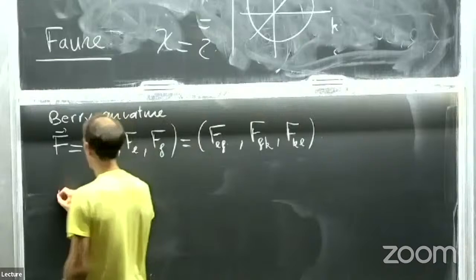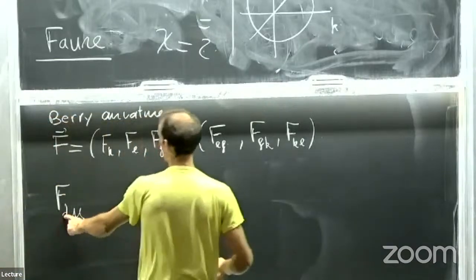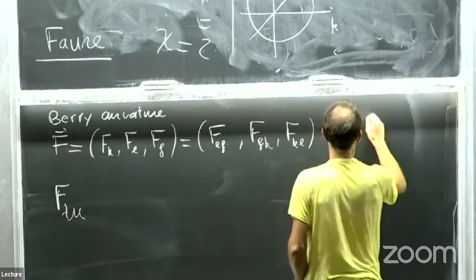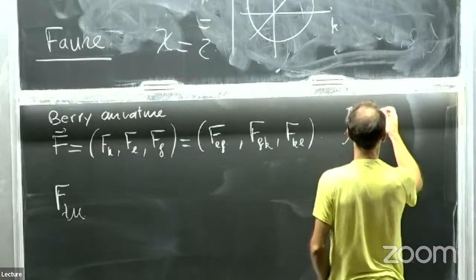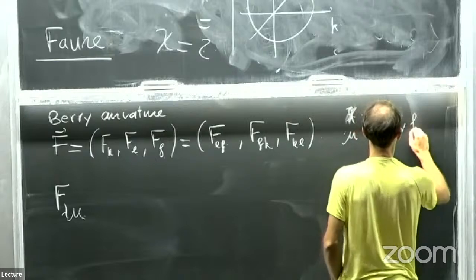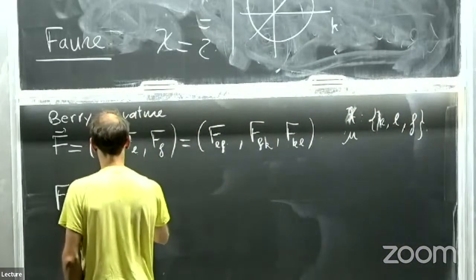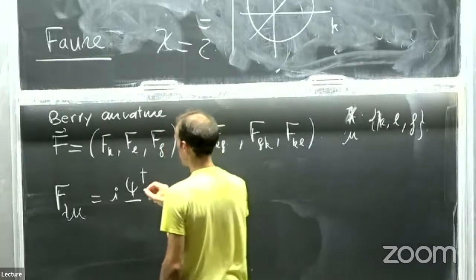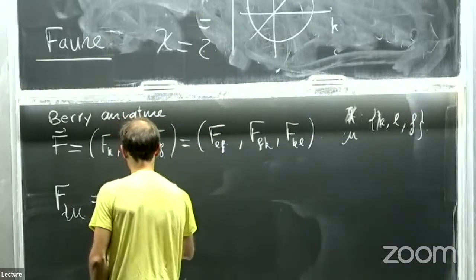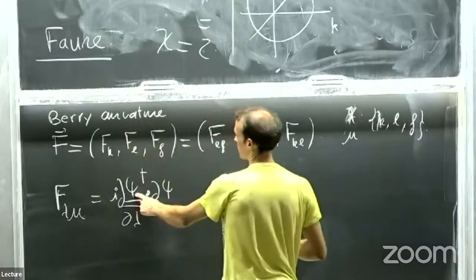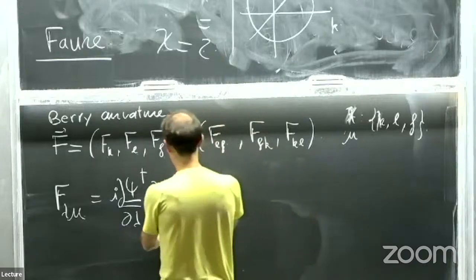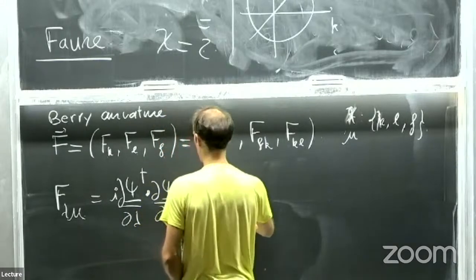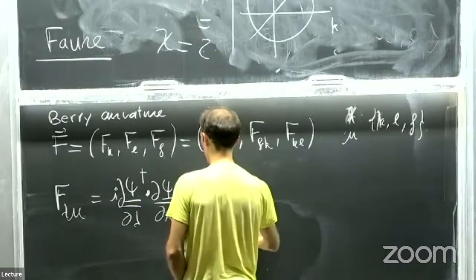And the definition is that F lambda mu, where lambda can be k, l or f, and mu can be k, l or f, is i times the conjugate transpose of your eigenmode, derived with respect to lambda, with the standard Euclidean scalar product with the same eigenmode derived with respect to mu, minus i times d psi over d mu.